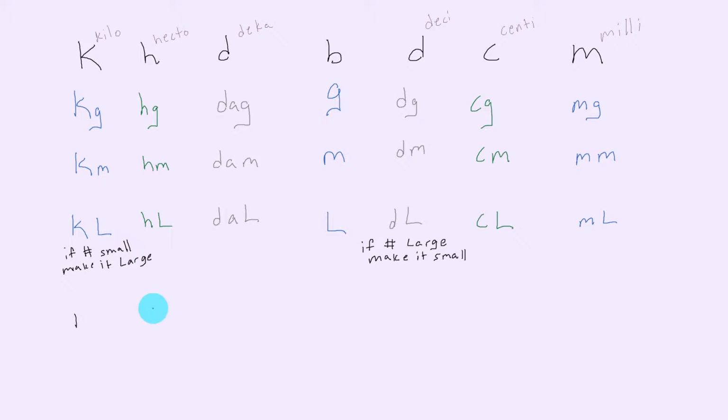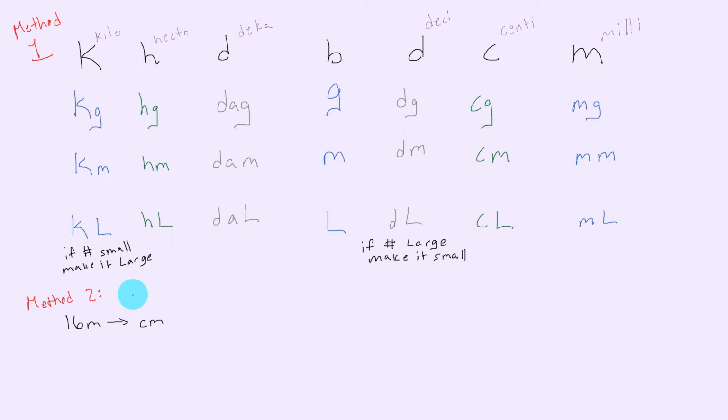Okay, so this time we have 16 meters and we want to convert it to centimeters. Well, we've been using the table in the past, so if you're going to use that method, we're going to call it method 1. We'll call this method method 2. Method 1 is the table method.